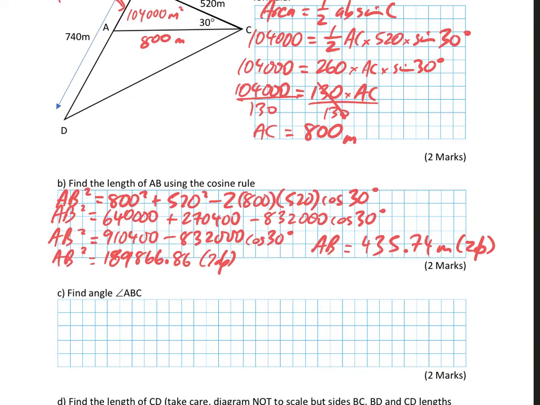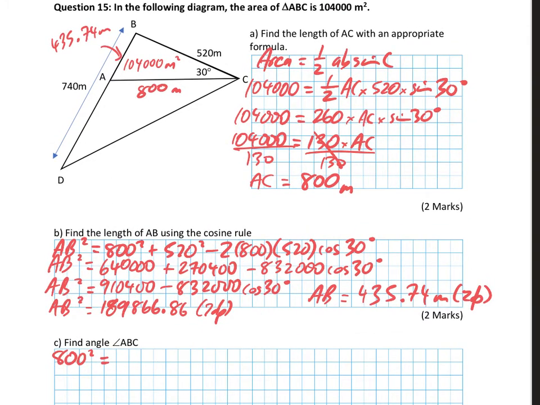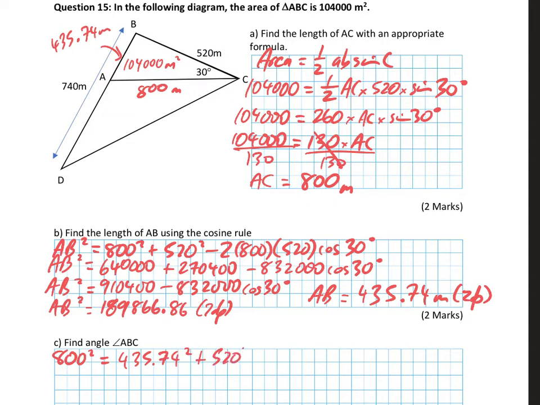So the side opposite the angle is 800, so it's going to be 800 squared is equal to the two other sides, both squared, added together, so 435.74 squared plus 520 squared. Take 2 lots of 435.74 times 520, cos that corner is B, so I'm going to leave it at B.